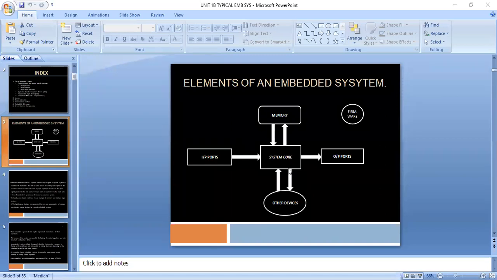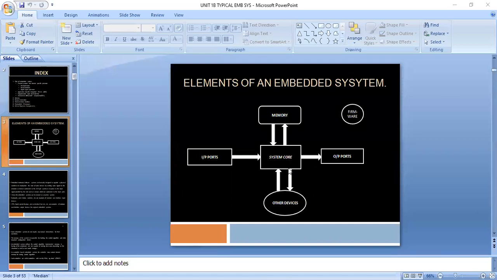We have studied about two things. What are those? Harvard architecture and von Neumann architecture. These are different ways of placing the components. Then we have studied about RISC and CISC ways of processing the instructions.